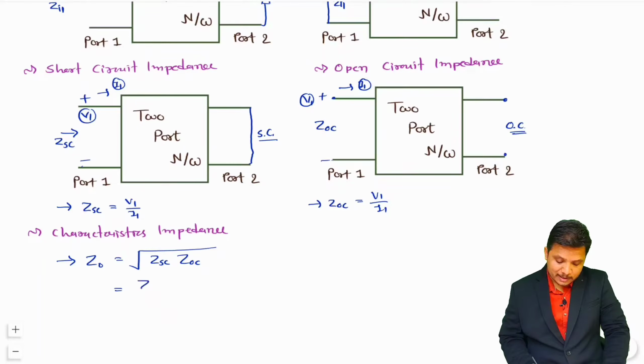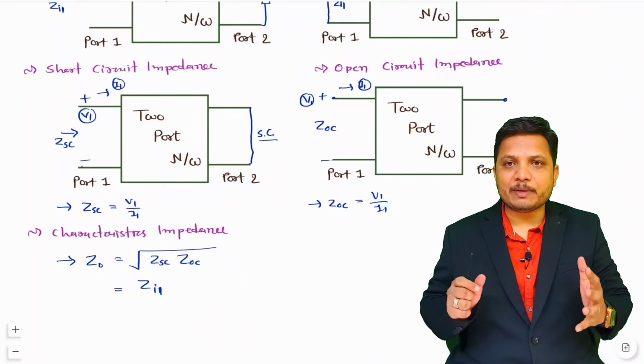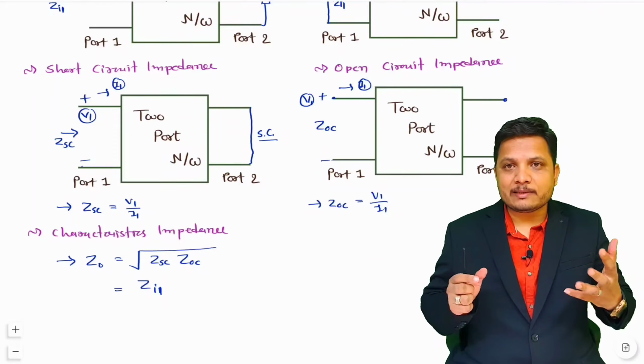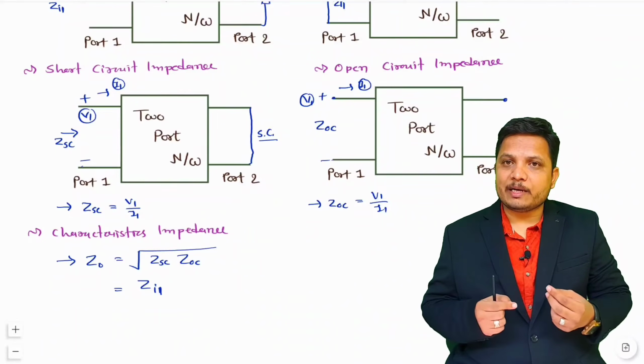So this is the image impedance of port 1. Now if you do this process at port 2, that characteristic impedance would be the image impedance of port 2. So my dear students, the measurement of image impedance is different, but the calculation is similar to characteristic impedance.